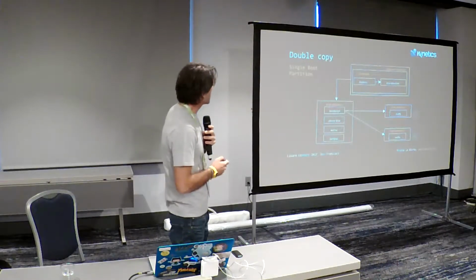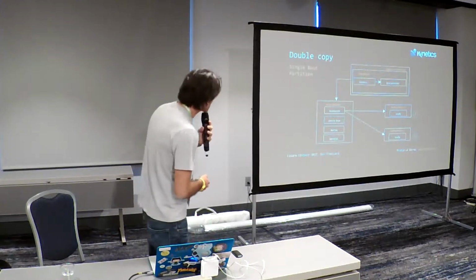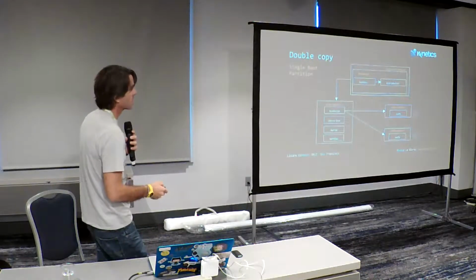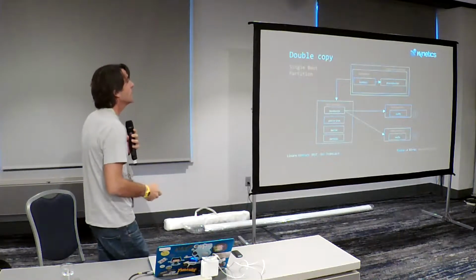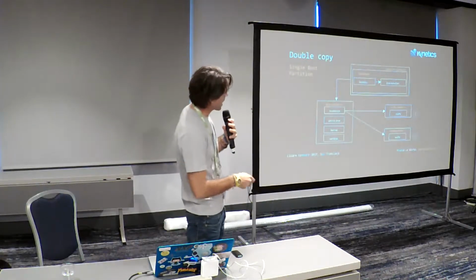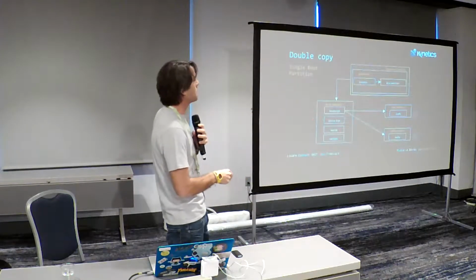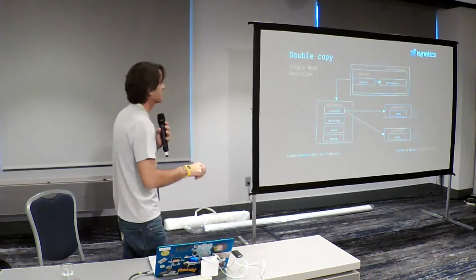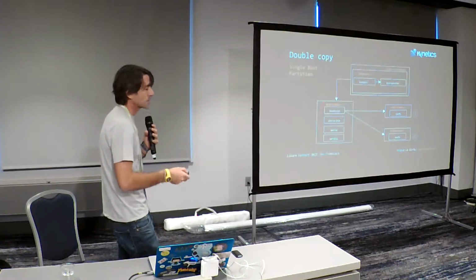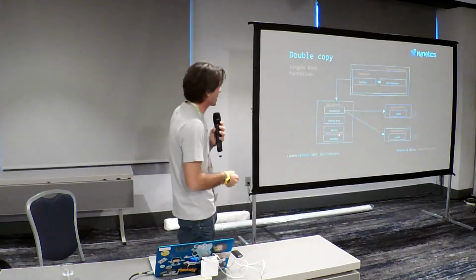In the double copy single partition case, it's the same thing. We install the daemon in the root file system of partition 1 and partition 2, and the mechanism is exactly the same. We are just sharing the kernel, the device tree, and the RAM disk. This is optional. If you don't want a RAM disk, you don't have to put it.